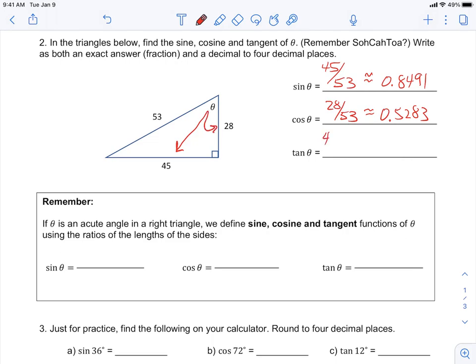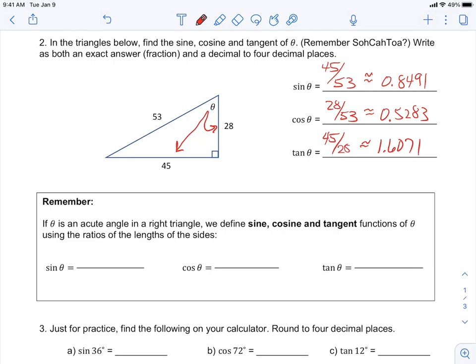Therefore, that would be 45 over 28, which is approximately 1.6071. So if you're given the sides of a right triangle, then you can calculate sine, cosine, and tangent just by using the ratios, and then you can convert that to a decimal.